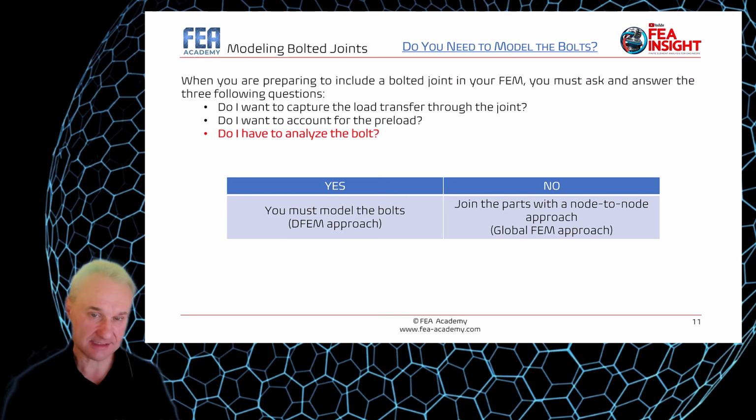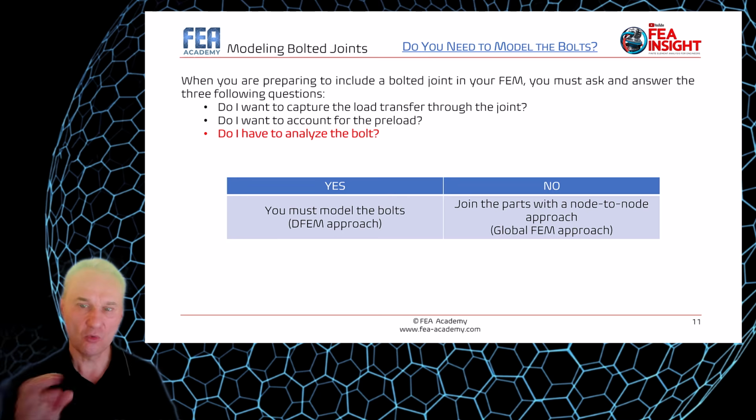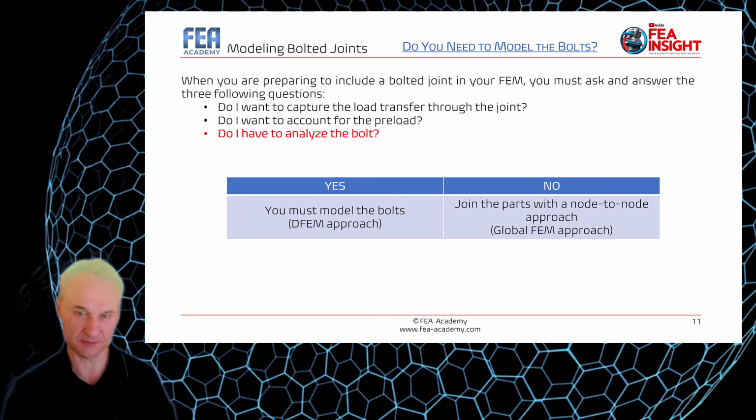In that case, you can create a global model of your structure without including the bolts by joining the parts with the node-to-node technique, meaning that the parts are connected with coincident nodes.